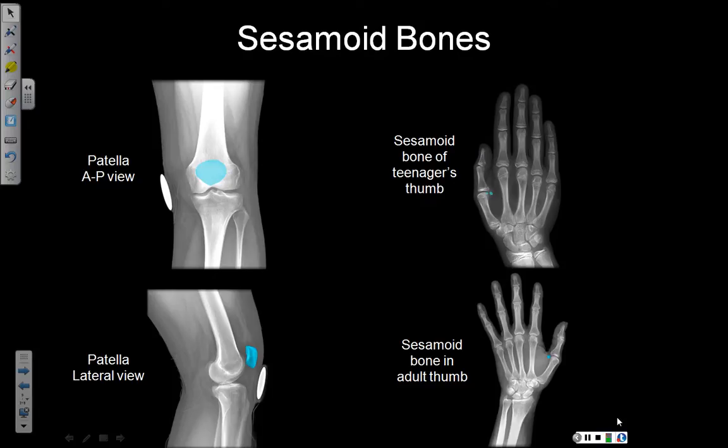Okay, so while we're over here, which carpal bone is this one that's connected to the metacarpal of your thumb? The what? The trapezium, right? Which one is this one?